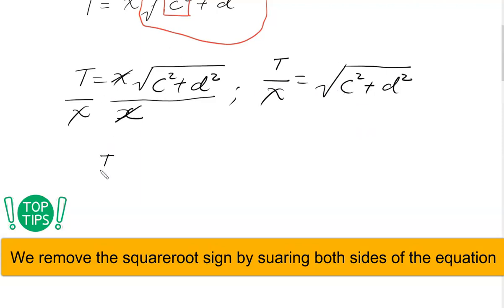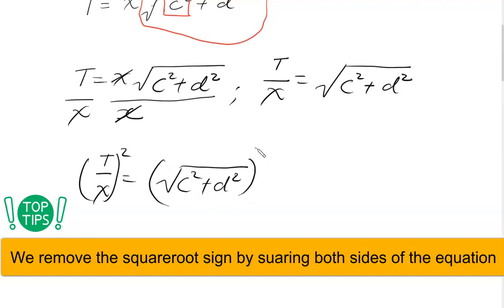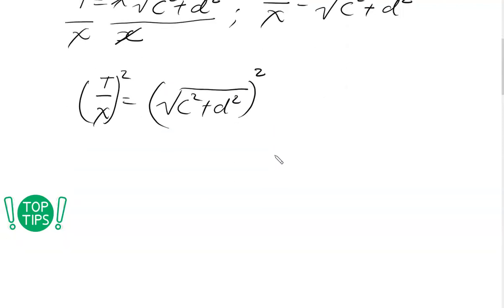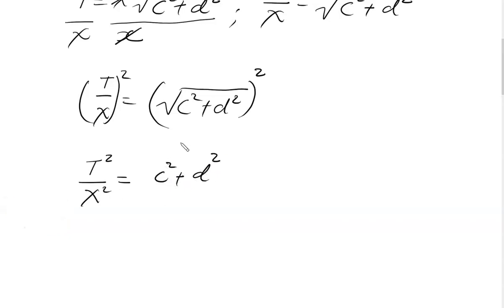So T over x, if we square here, then we also have to square the right hand side of the equation, and squaring the square root will have the effect of removing the square root. This square will square the numerator and the denominator simultaneously. T squared over x squared will be equal to C squared plus D squared.